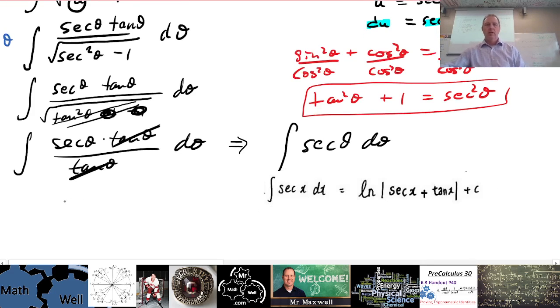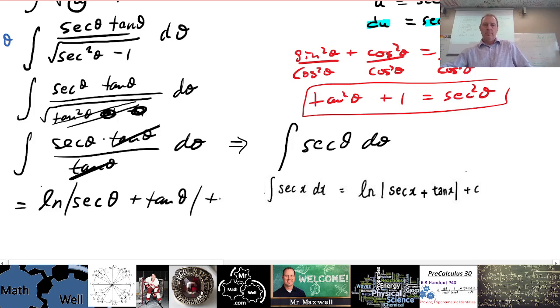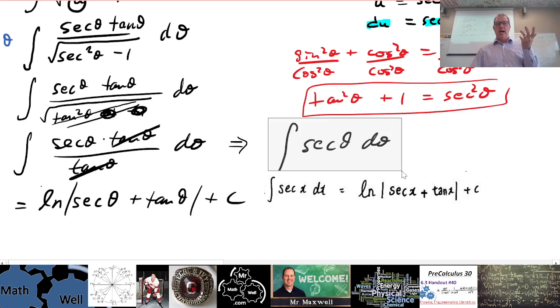So now I have the integral of secant theta is actually equal to the natural logarithm of secant theta plus tan theta plus c. So we've done two rounds of substitution here to get it to this, which we can now integrate.